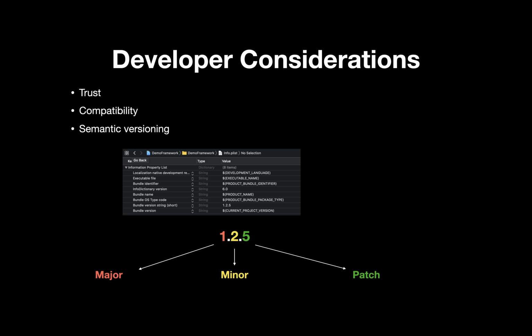For framework author considerations, you should always follow semantic versioning, wherein a major, minor and a patch version will be listed in the plist under bundle version string short.